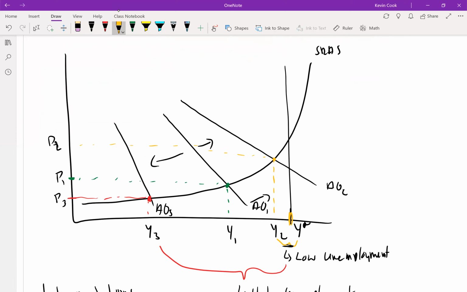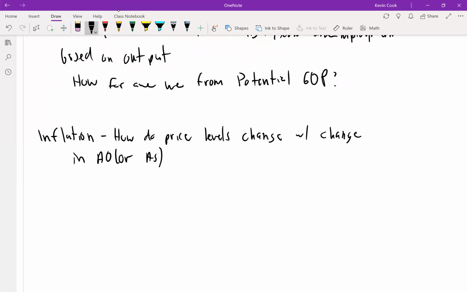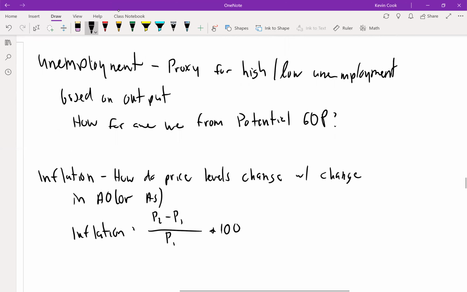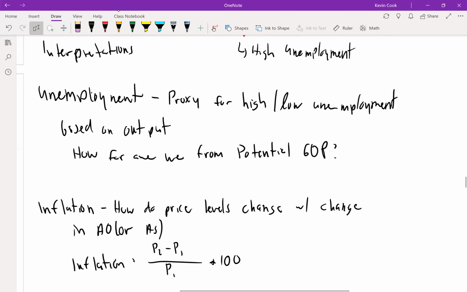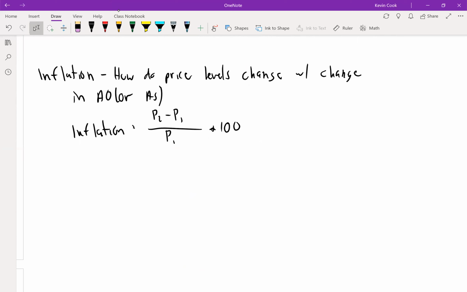But just like we did last week, or like we did on Monday, whatever it was, inflation will be the change in price level divided by the original price level, then multiplied by 100. And whatever our jump was, we can see. Right now I'm just looking at the interpretations themselves. We'll throw them together in a couple seconds.